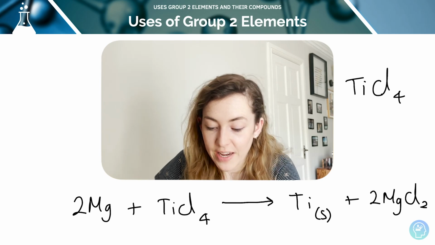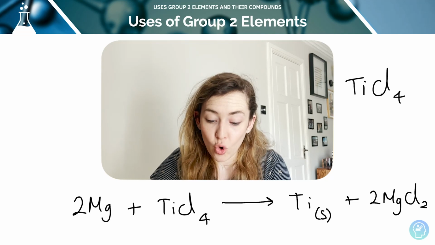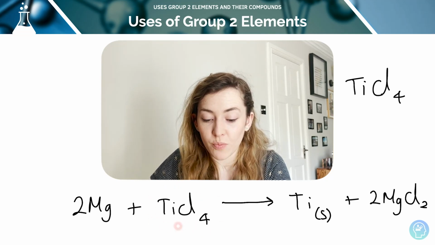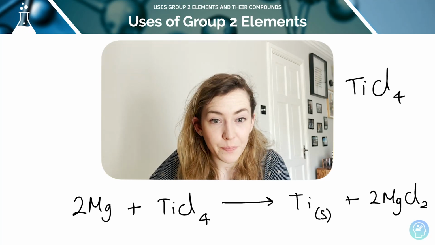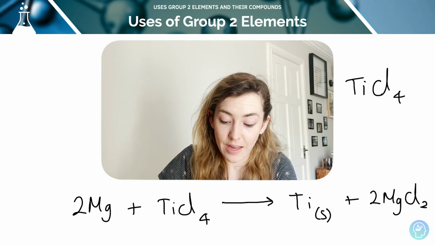So fractional distillation is used to purify the titanium chloride, and then that pure titanium chloride is able to be put in the furnace. Okay, so we start off with the titanium(IV) oxide. We can then heat it with chlorine gas, and that's going to give us titanium chloride.